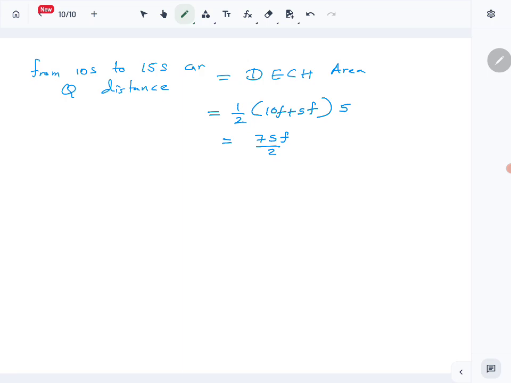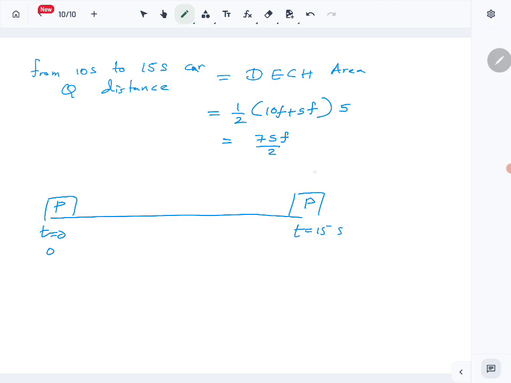Okay. Then remember this is car P at time 0 seconds, O. This is car P at time 15 seconds.